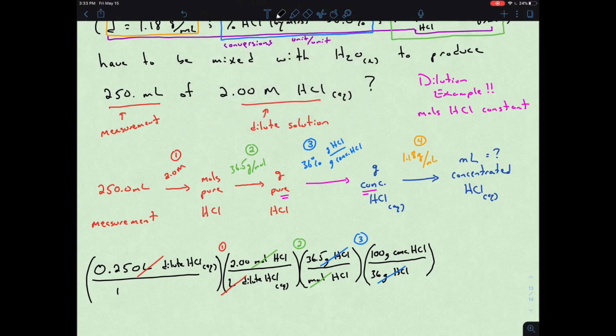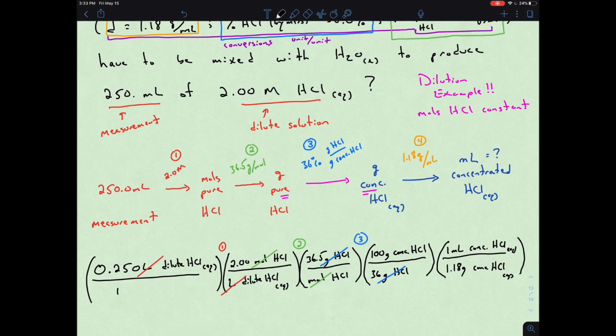And now we're at that fourth conversion, that for every 1.18 grams of that concentrated HCl, there's 1 milliliter of concentrated HCl, and those are in solution, right?